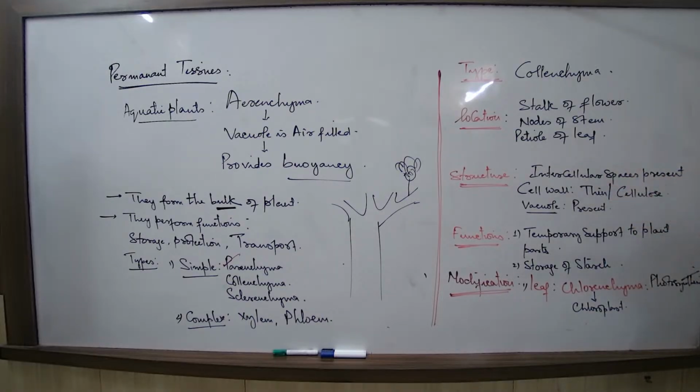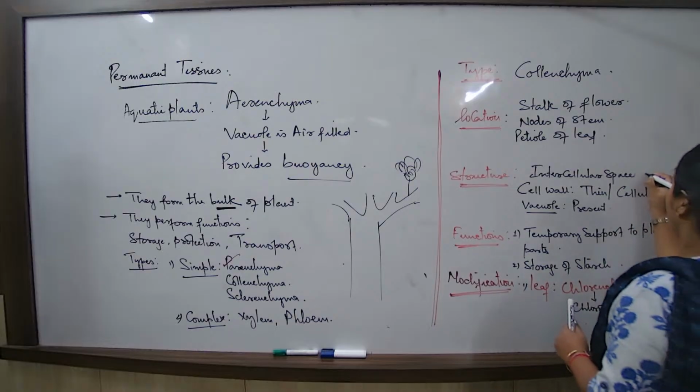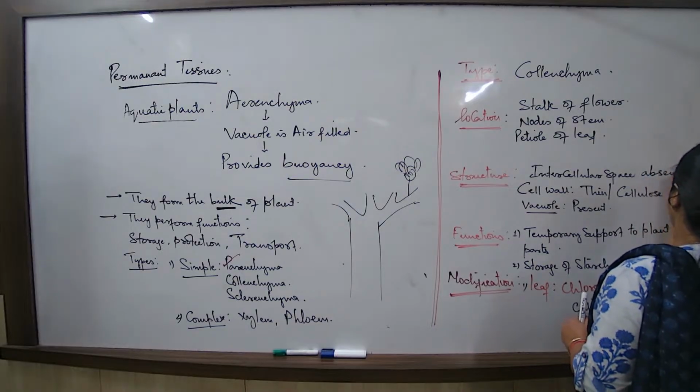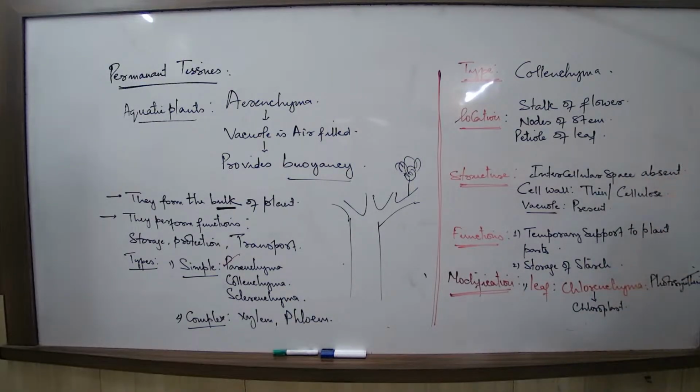To compare again with the parenchyma, I already told you, it is almost the same, but only the intercellular spaces are absent here. Look into the figure that you have also. I'll show you the next class again. Comparing collenchyma with parenchyma, the intercellular spaces are absolutely absent. The cells are so compact.